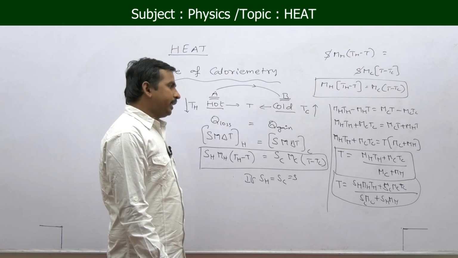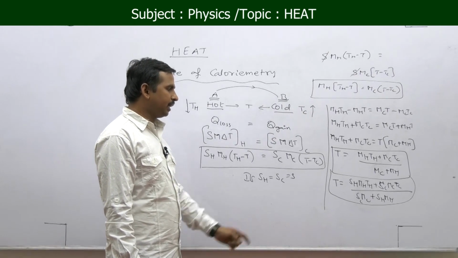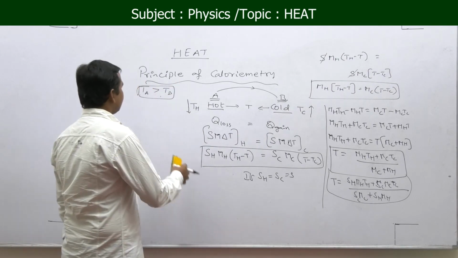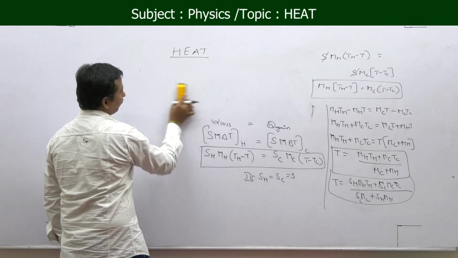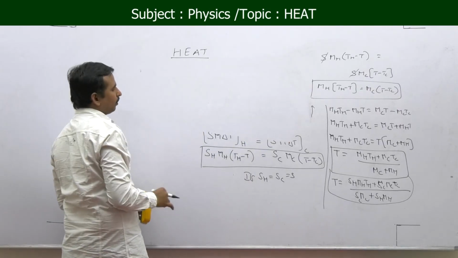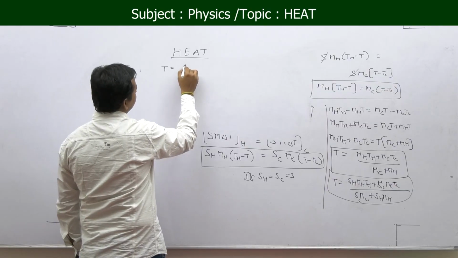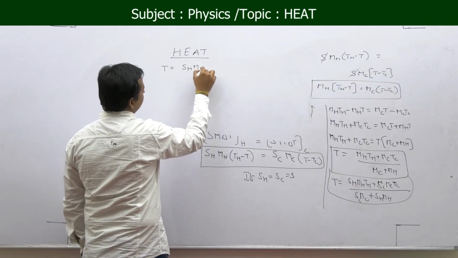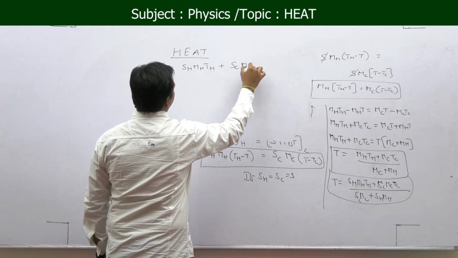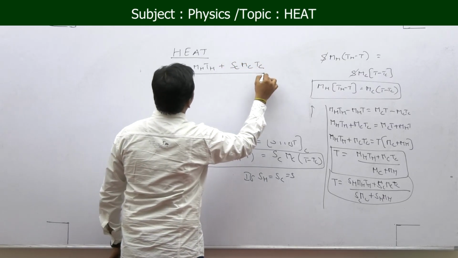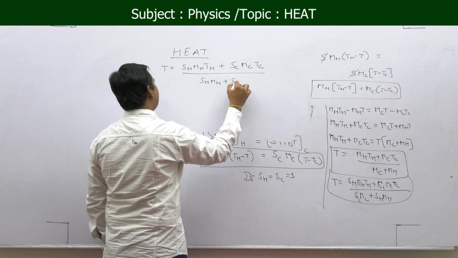So finally we got T is equal to (SH mH TH plus SC MC TC) by (SH mH plus SC MC).